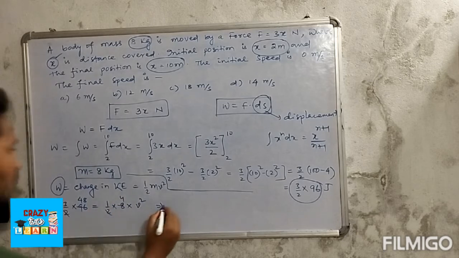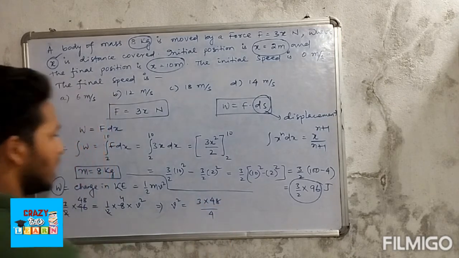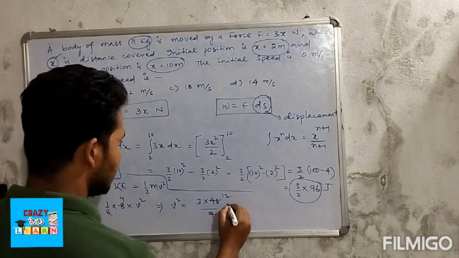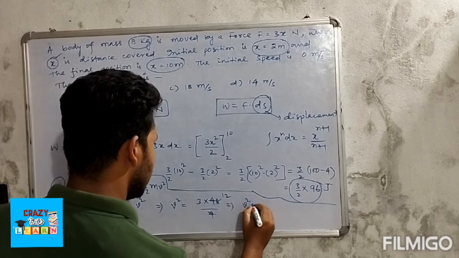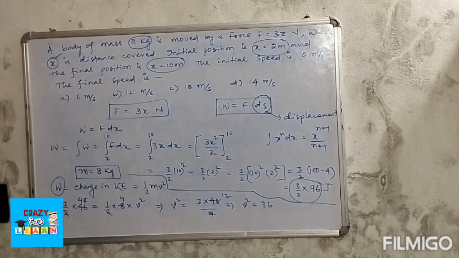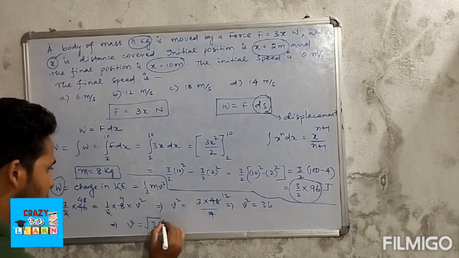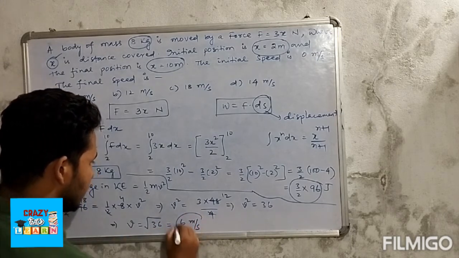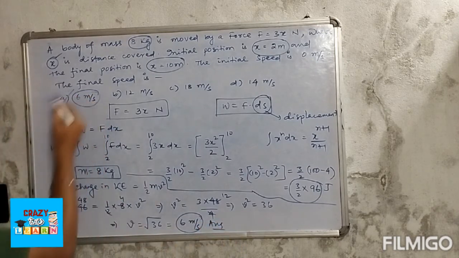When you take 4 to this side, v square is equal to 3 into 48 divided by 4. So 4 and 48 cancel, we get 12, so v square is equal to 36. So v is equal to root over 36, we get 6 meter per second. This is your answer. So option A is the correct one.